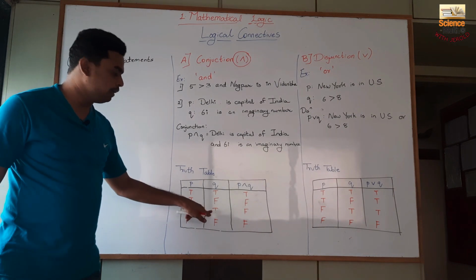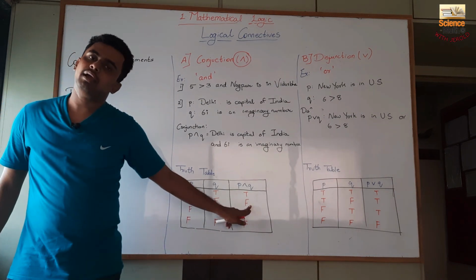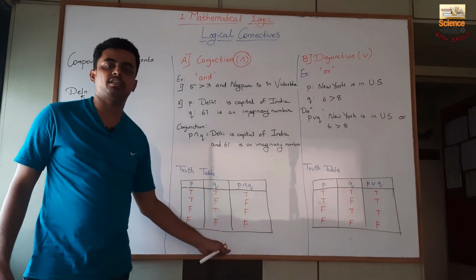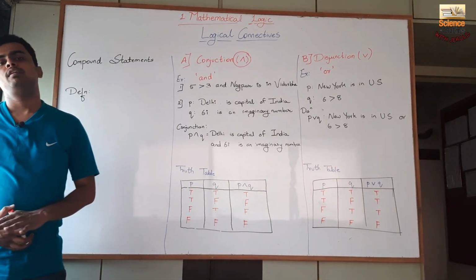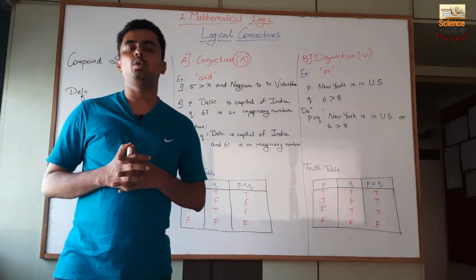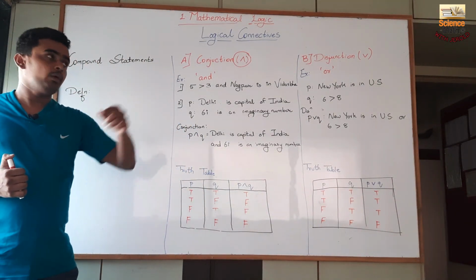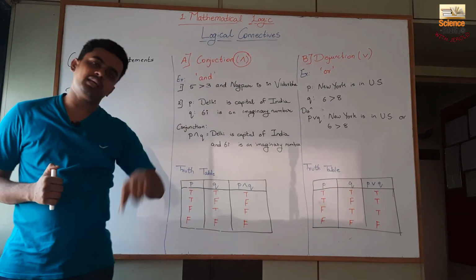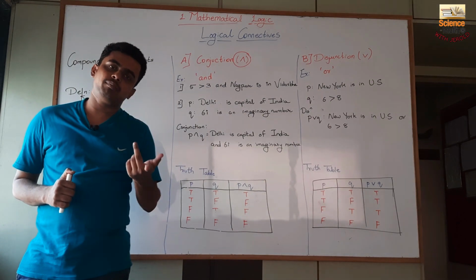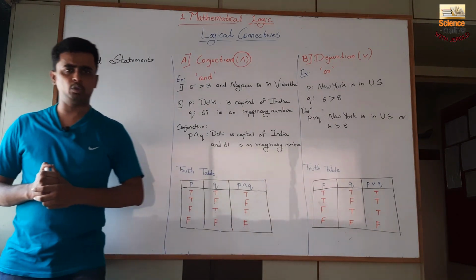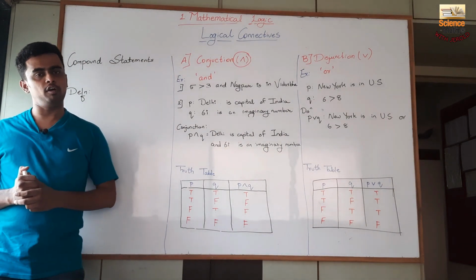Similarly, if either one of them is false, the truth value will be false, and if both statements are false, the truth value will be false. So the truth value of a conjunction is true only when both statements are true. If even one statement is false, the truth value becomes false.